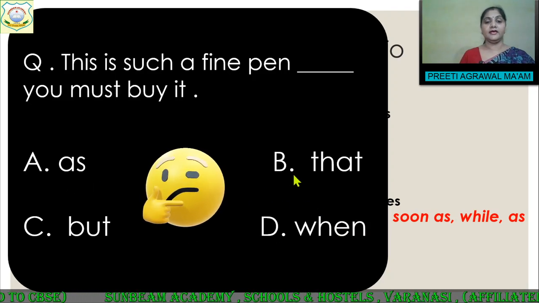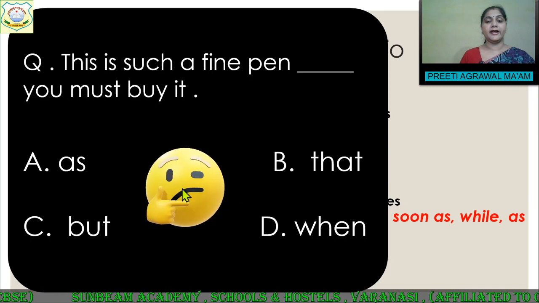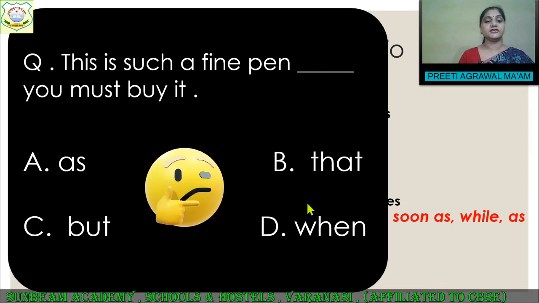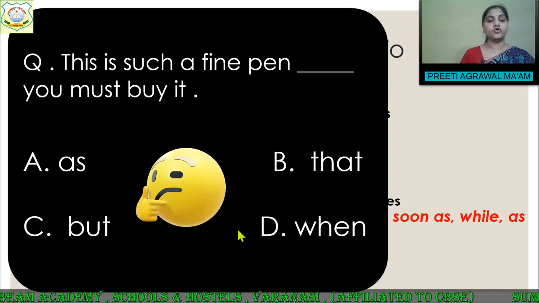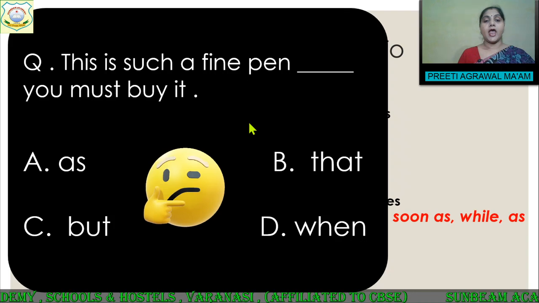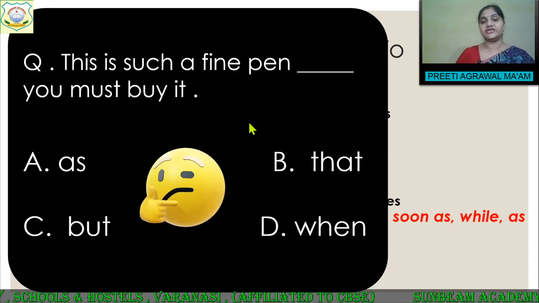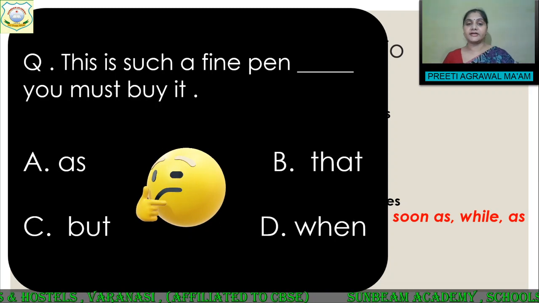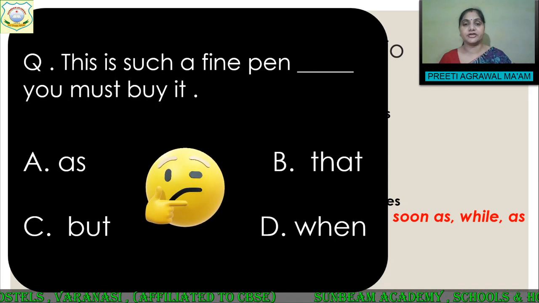Think and write down, and answer honestly. Hurry up, students, so that I may give you my answer quickly and proceed further. This is just to help you check yourself and understand how much you are getting.